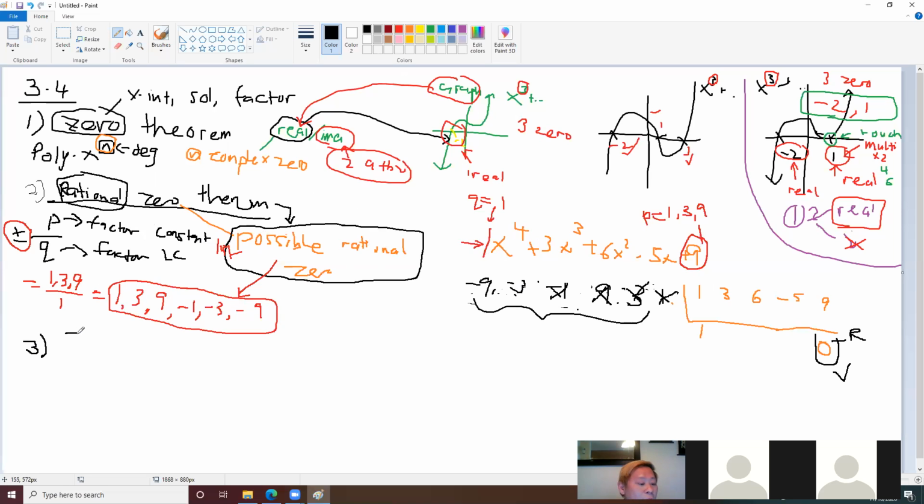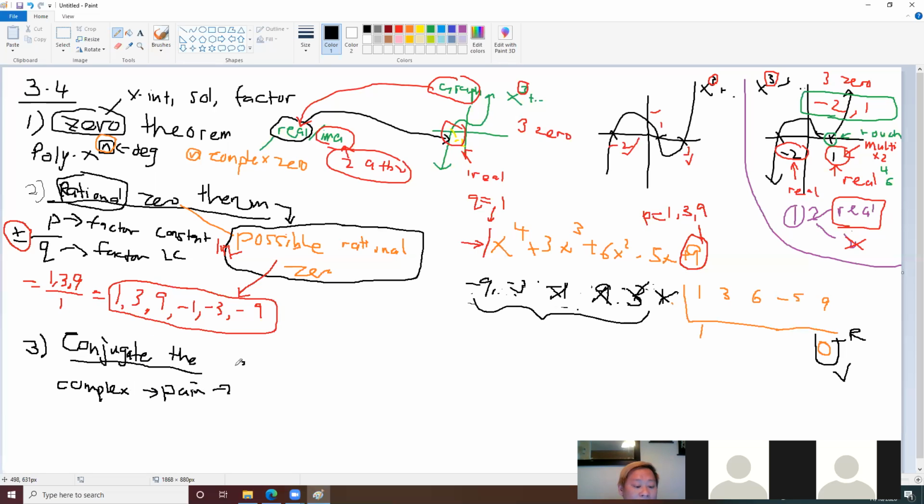The third one is the conjugate theorem. Now, what is the conjugate theorem in this case? The conjugate theorem tells us that if you talk about zeros in complex numbers, they come in pairs. So when you have a complex number, it comes with a pair, and the pair in this case has to be a conjugate.